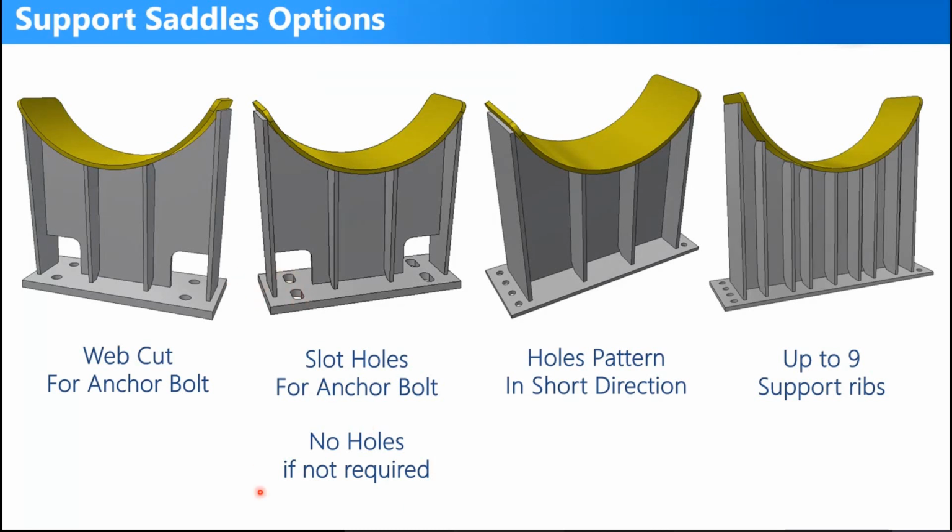So you can arrange the holes on the short or long side. Okay, you can add up to 9 ribs on the saddle. I think this number is fair enough. You can add this number of ribs to your saddle.